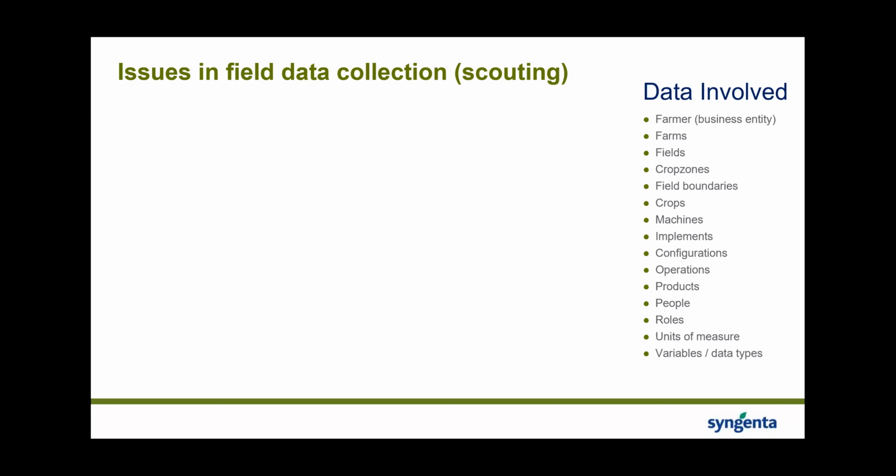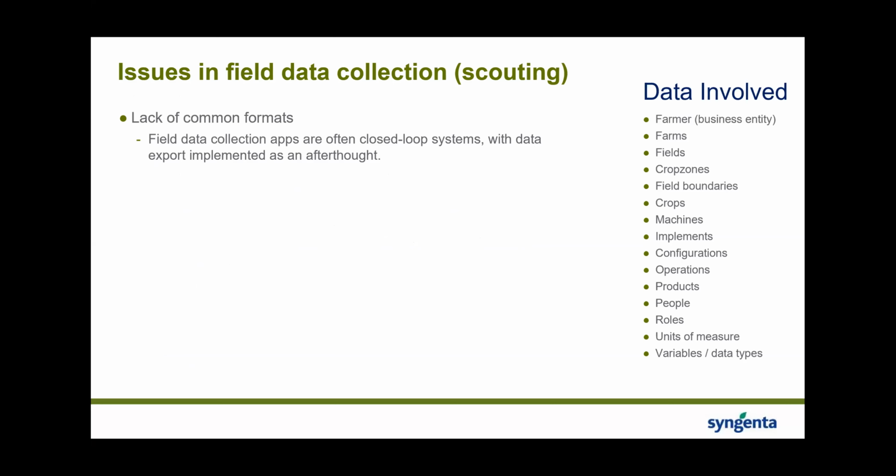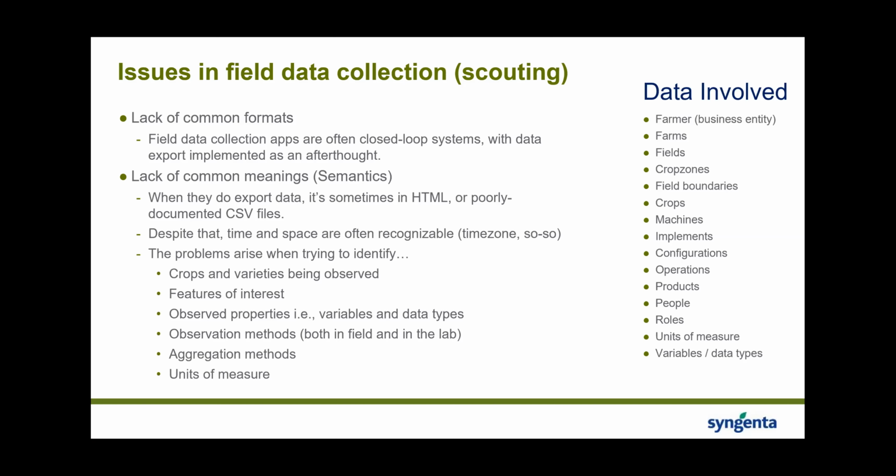When you're trying to do field data collection, the problems are somewhat similar. Again, you have a lack of common formats. Many field data collection apps are closed-loop systems where data export is implemented as an afterthought, if at all. And again, we have a lack of common semantics.